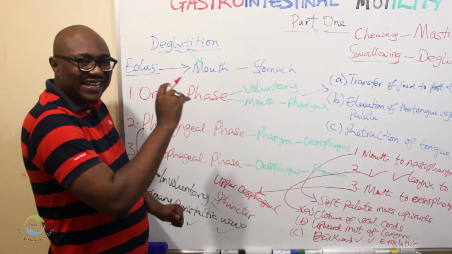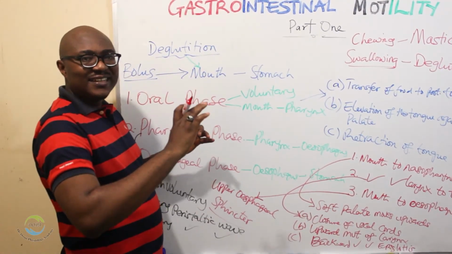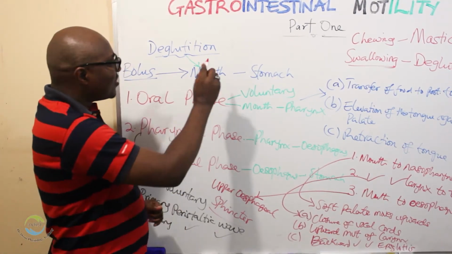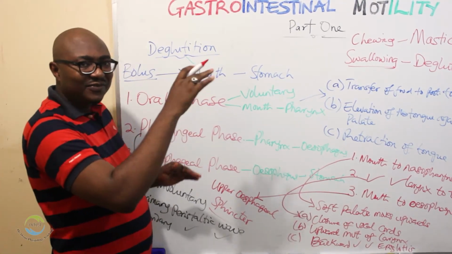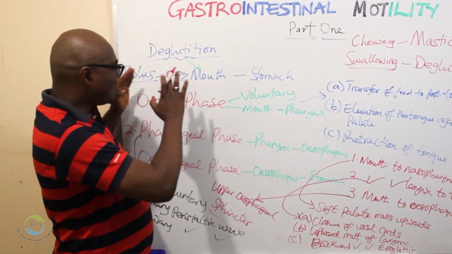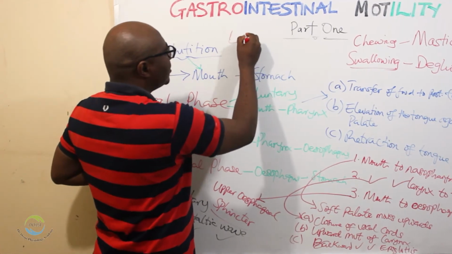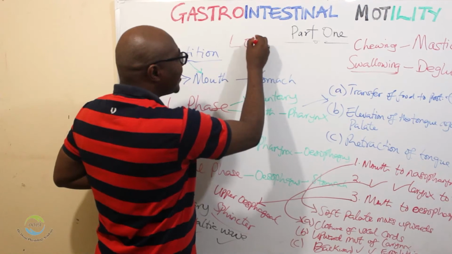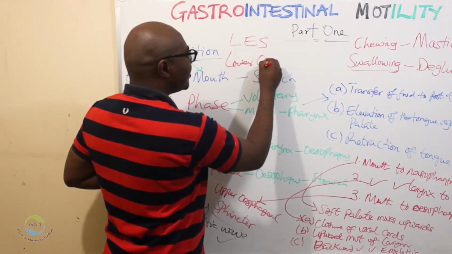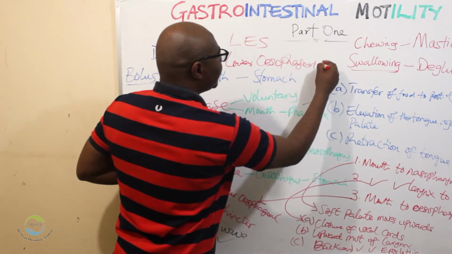So what happens at the terminal end of this deglutition is that once the food gets to the end, the pharyngeal phase has opened up the upper esophageal sphincter, and then the end of the esophageal phase opens up the lower esophageal sphincter, LES, or LOS if you write esophageal the British way.